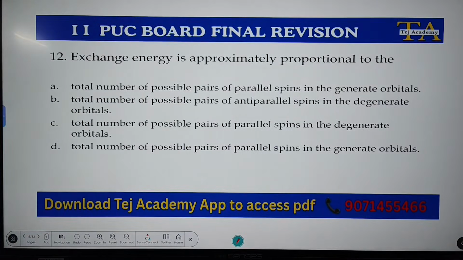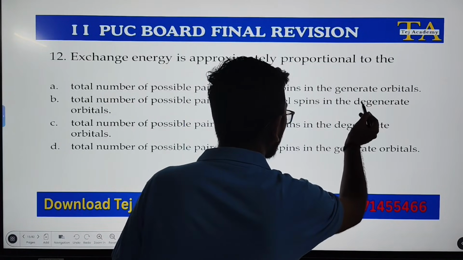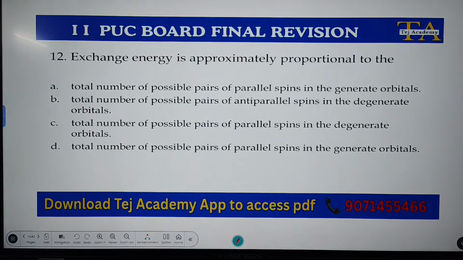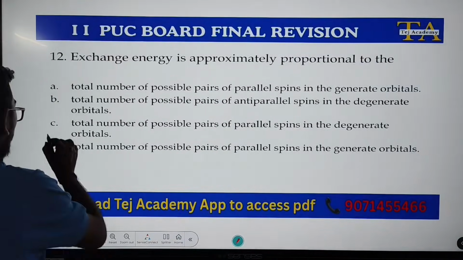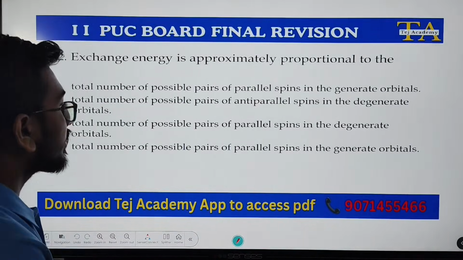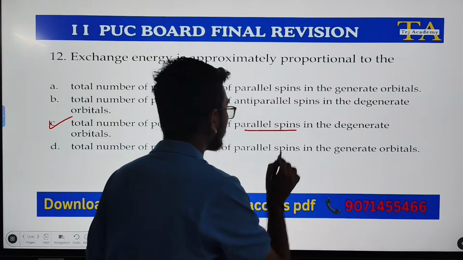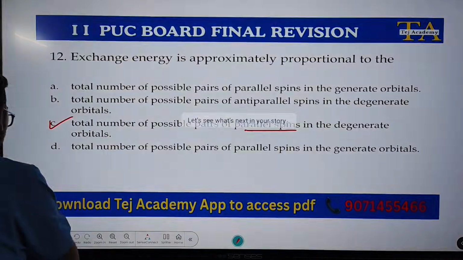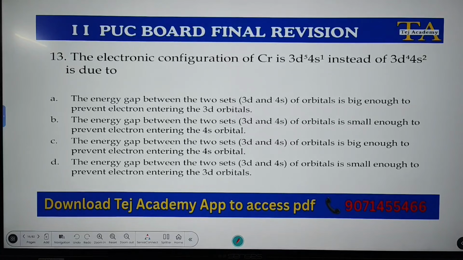See, among all four options, they changed only one word, degenerate and non-degenerate. Which option is correct? The total number of possible pairs of parallel spins in the degenerate orbitals will help to get maximum exchange energy. So option C is the right answer.